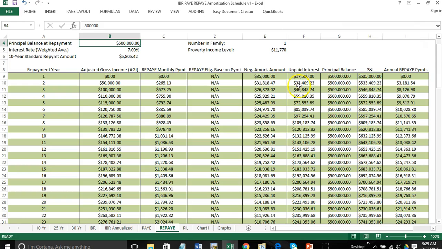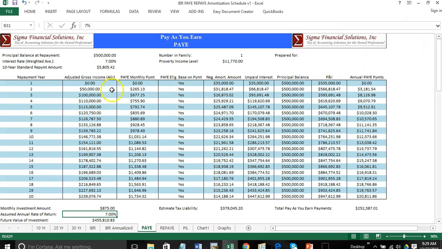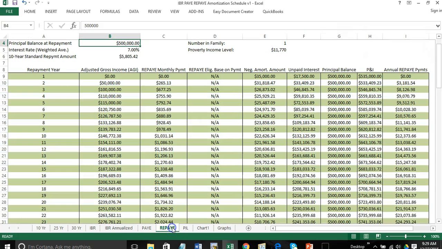So one of the things I would consider, if you're in Pay and experiencing significant negative AM, is maybe you should move from Pay As You Earn for that period of time where you're experiencing a lot of unpaid interest, and move into REPAYE to get that 50% interest subsidy.